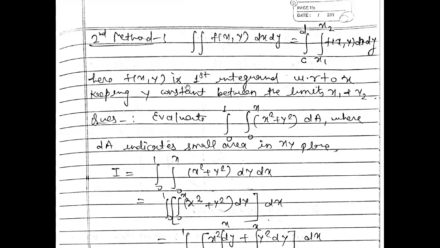So here f(x,y) is first integrated with respect to x, because dx is your first integrand, so the limit will be x1 to x2 here, with y constant, between the limits x1 and x2, right? So if dx is the first variable, the integration limits will be x1 to x2, and if dy is first, then our limit will be y1 to y2, right?